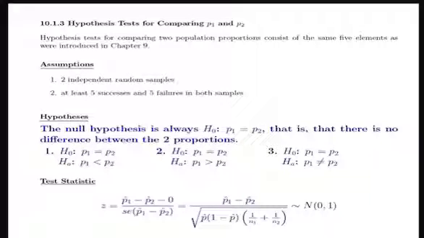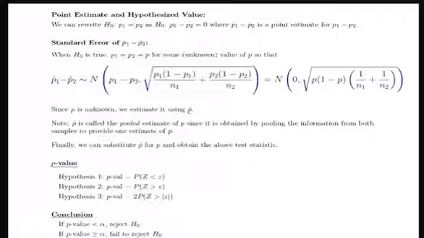Now, if I want to test for difference of proportions in 2 populations, that is the Z formula. You only need p-cap 1 and p-cap 2 and the sample sizes n1 and n2. The moment you have your Z, the next thing is just to find the probability associated with that.